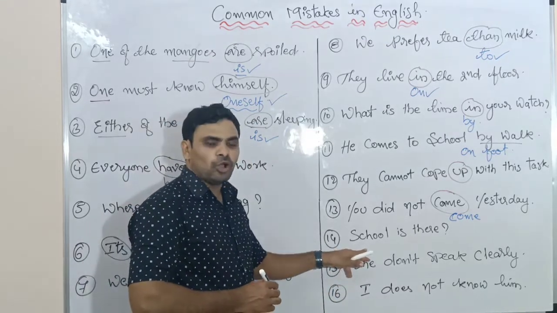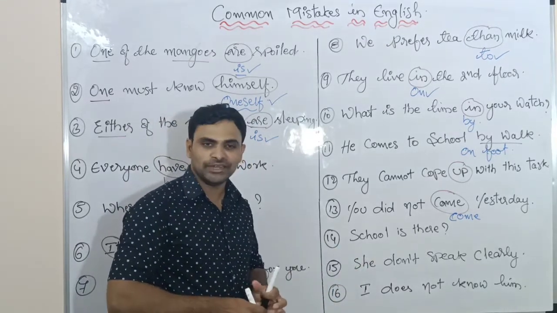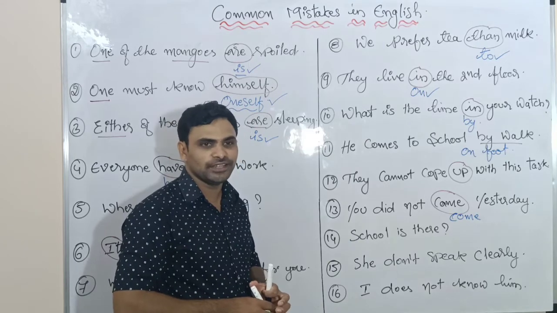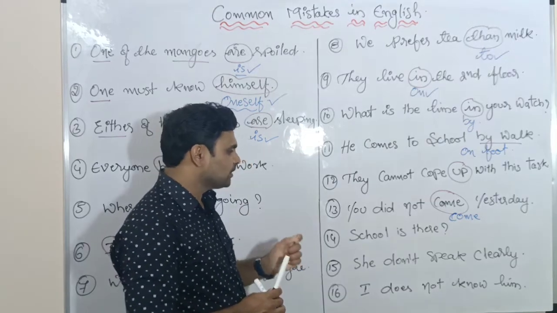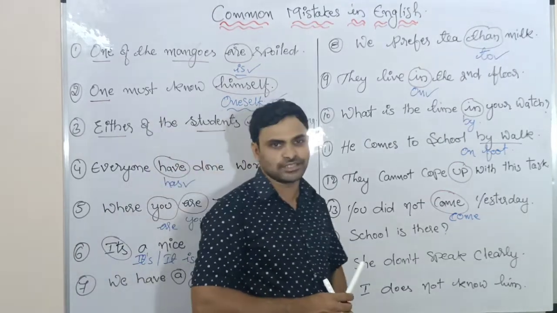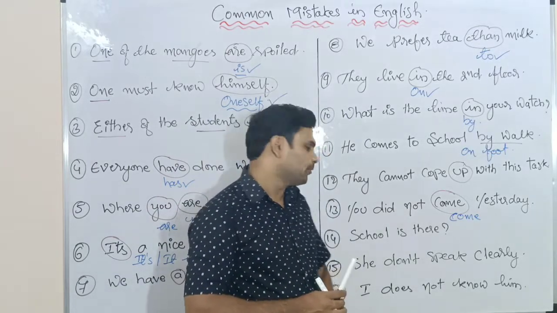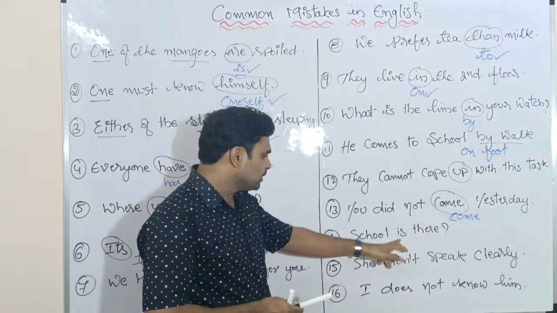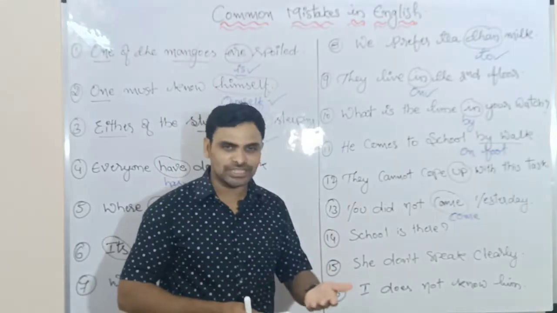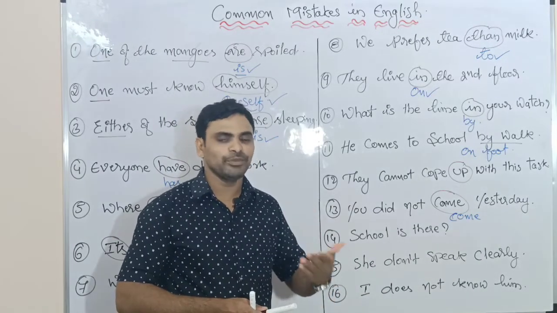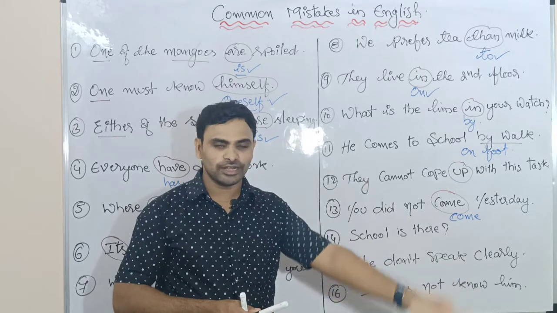Very common mistake. School is there today. Many students, even the teachers ask this. School is there? No. And even some ask, is school there? School is always there. Be it Sunday, be it Monday. The building is there already.